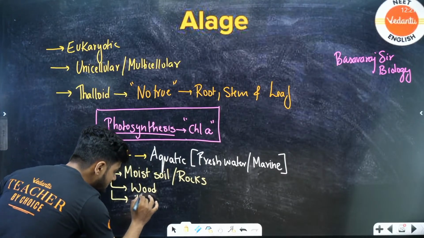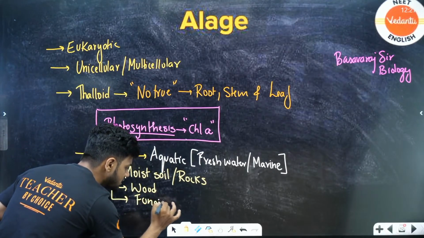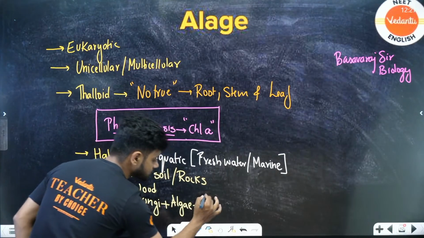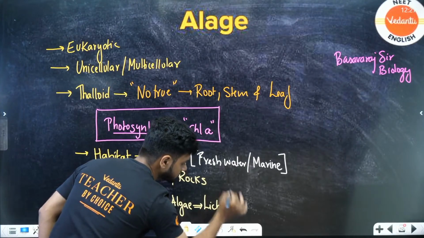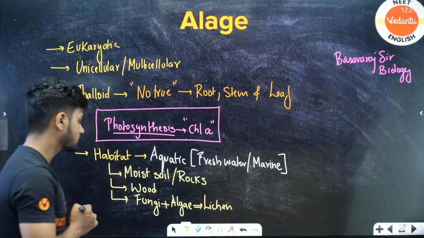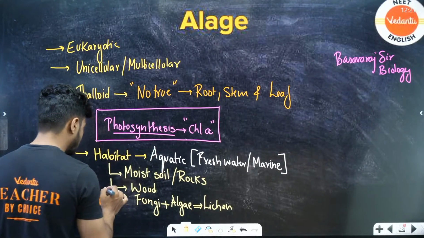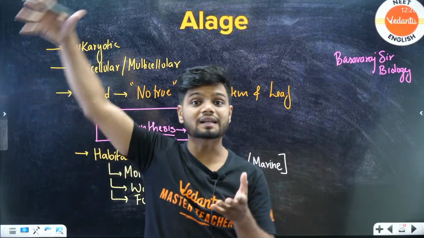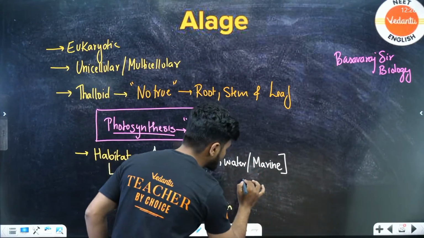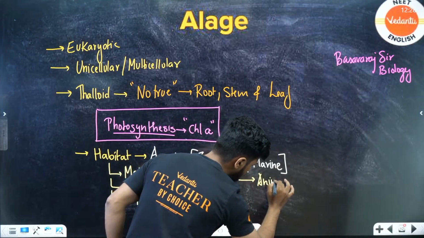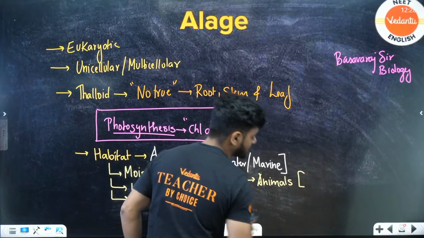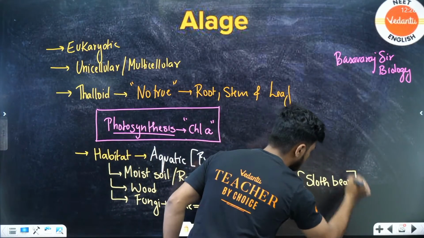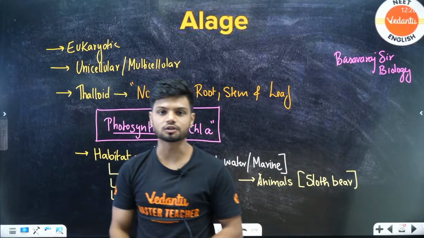They can be in a symbiotic relationship with a fungus, fungi plus algae, which is nothing but your lichen. Now, apart from this, some algae can also grow on certain animals. The example given in your NCERT is the sloth bear.